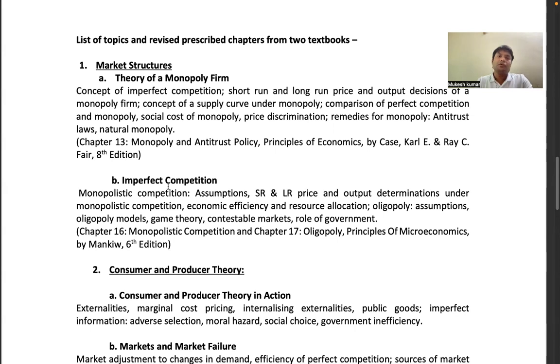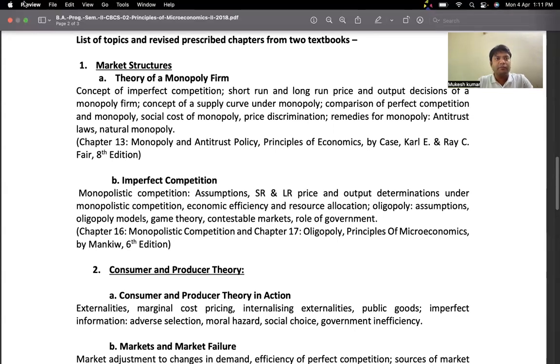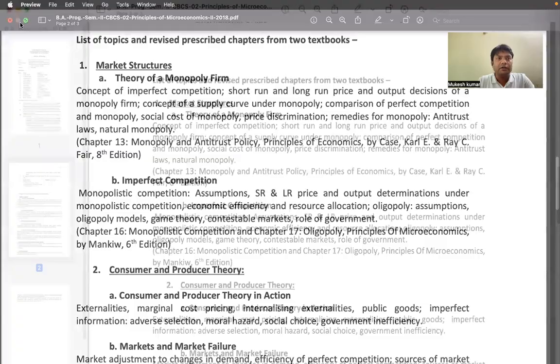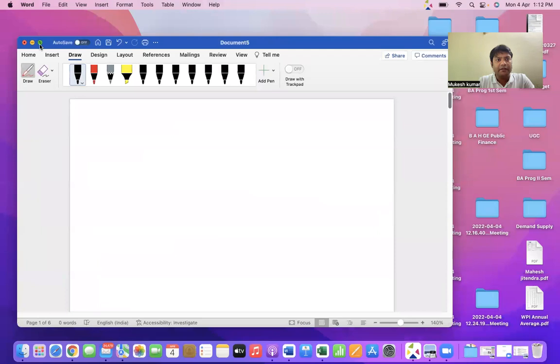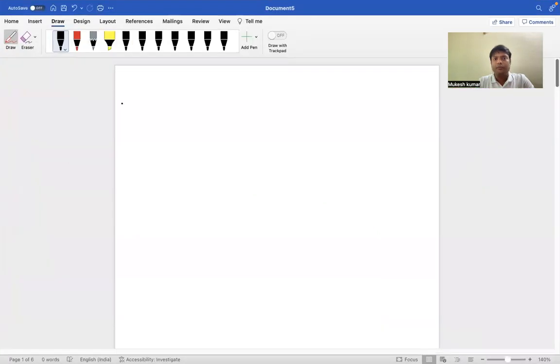So, let me say something about the market structure before starting the monopoly. Within market structure, the perfect competitive market that you have done in semester 1 is the one extreme.